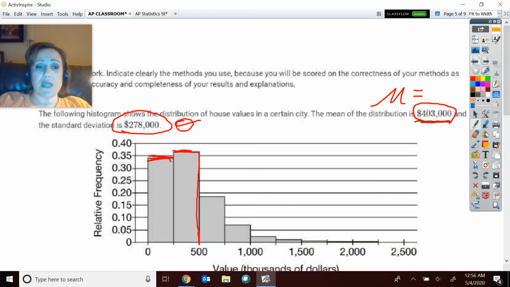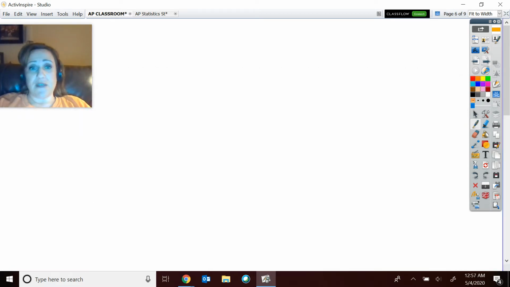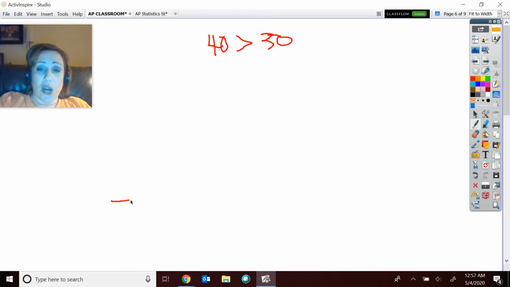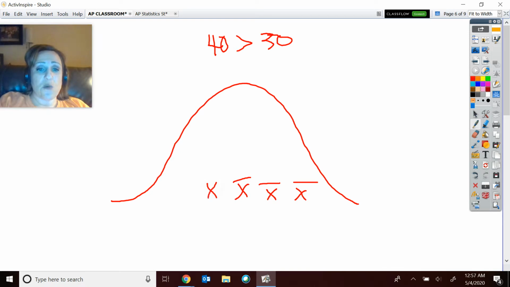So even though this population is skewed to the right, the central limit theorem says that if n is large enough, which 40 is, then our distribution of sample averages, an average of 40 randomly selected houses, and so on, is a sampling distribution for samples of 40 houses. So I have the approximately normal model to apply because of the central limit theorem.